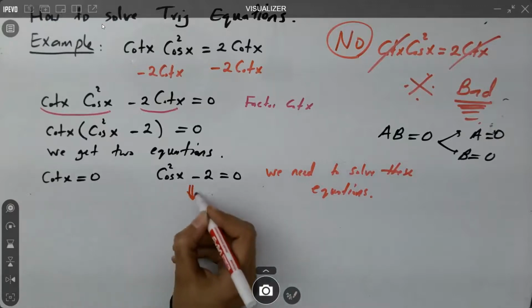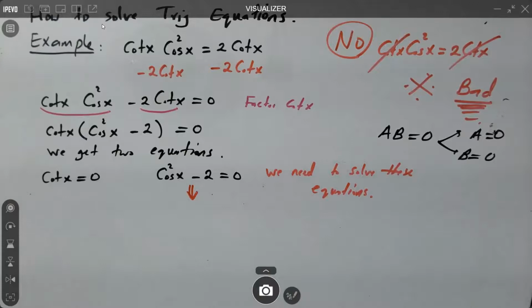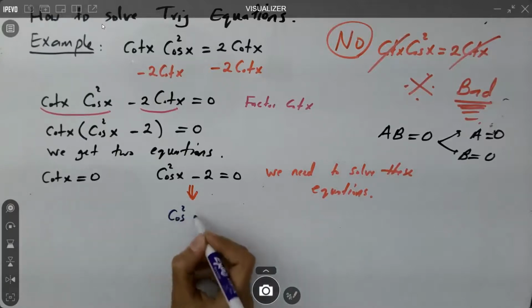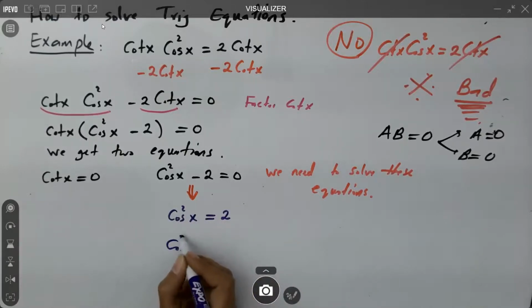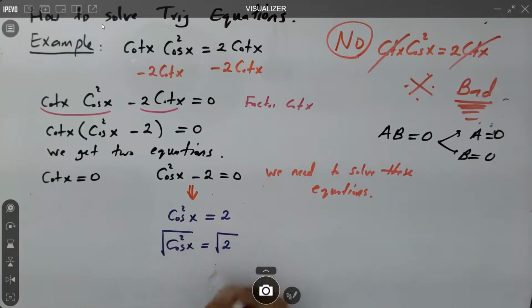If you take a look at this equation, the thing that you have is cosine squared of x equals 2, or cosine squared of x, if we take the square root of both sides, is equal to square root of 2. What's the meaning of that? It means that your cosine x is equal to plus or minus square root of 2, which is impossible.